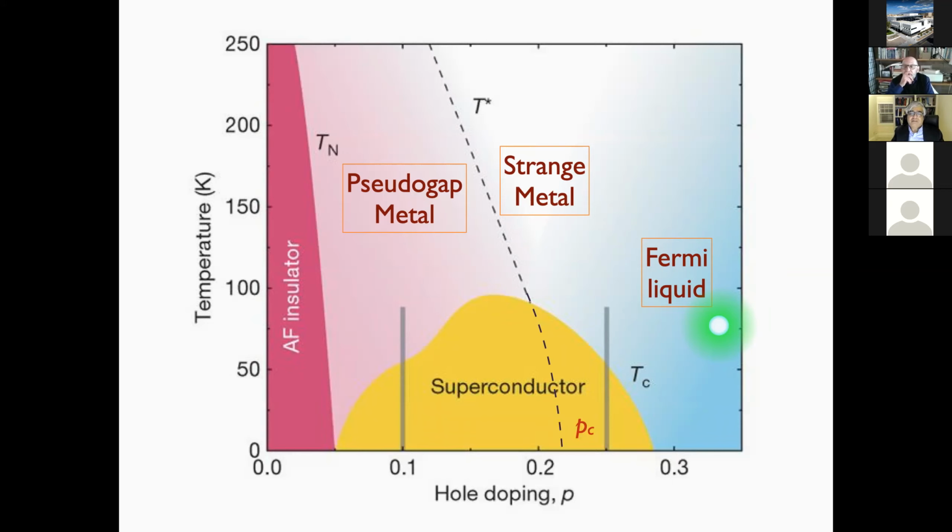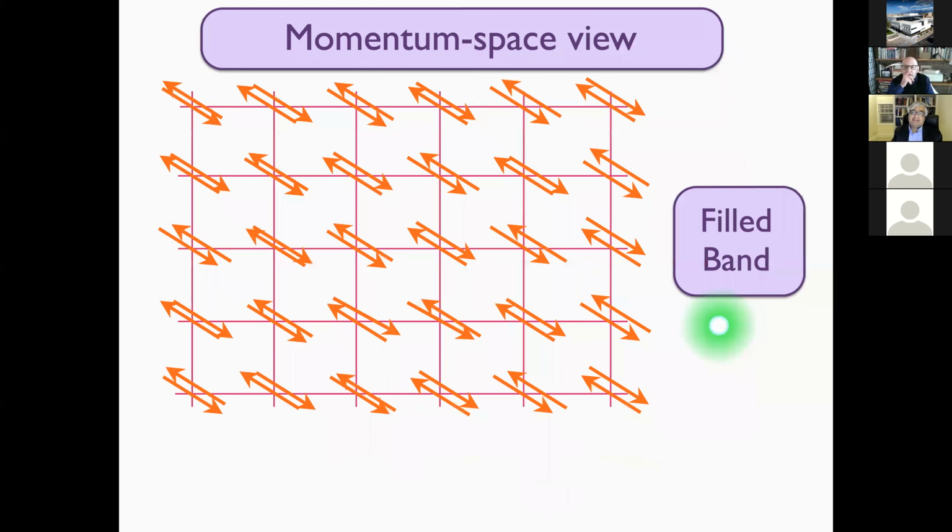So how would I do that here? Well, it's more convenient to think in terms of holes and take this momentum space view, but holes in what? Well, for the hole picture to work, you have to start with a filled band. And a filled band is not 1 electron per site, but 2 electrons per site.